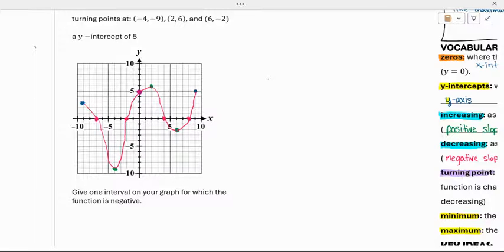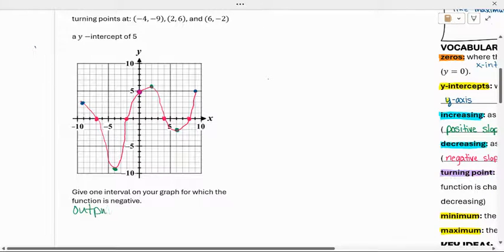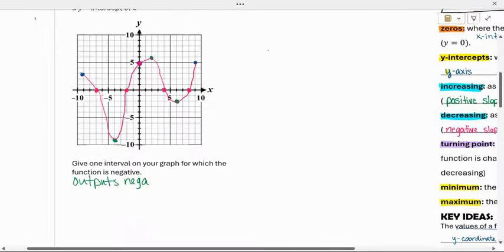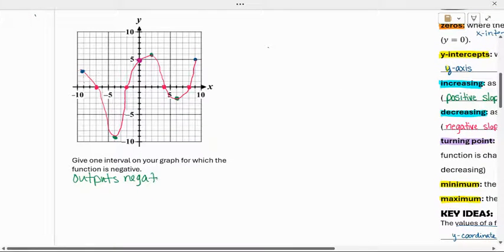If the function is negative, it means that my outputs are what? Yeah, it means that your outputs are negative. That's what that means. So where on the graph are my outputs negative?